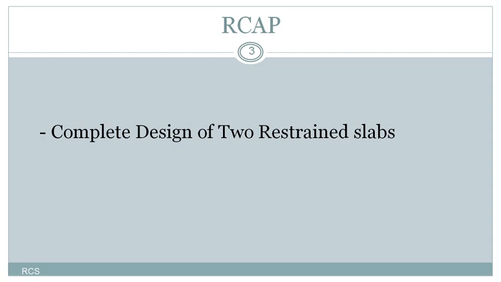Similarly, Muy is the bending moment along the y direction, equal to alpha y w lx square, where alpha y is the bending moment coefficient along the y direction. Based on these two formulas, we can calculate the bending moments along the x and y directions.